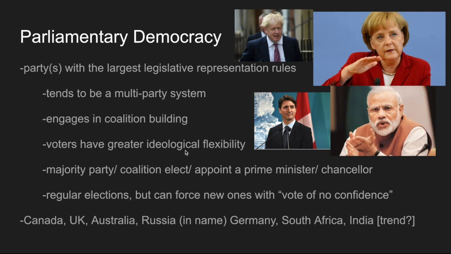The voters have really great ideological flexibility. If you don't agree with one group, you can still vote for a similar group and trust that you're still going to have largely the people you want in some facet of power. If you have more fringe or more extremist beliefs, you're probably not going to get somebody who's going to be running the country, but maybe they will join up with somebody who's running the country.